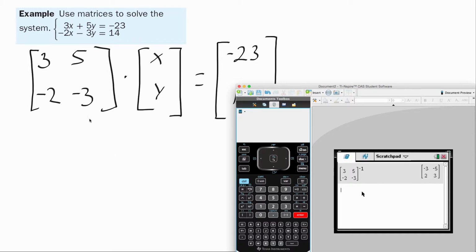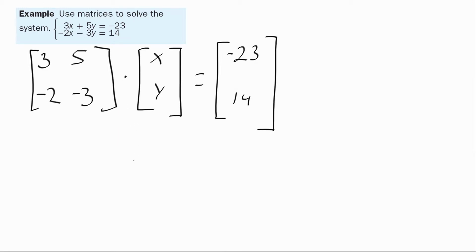Let's go ahead and check this out real quick and make sure that it actually works. I'm going to open up a new screen. Let me capture this and take it along. Here it is.